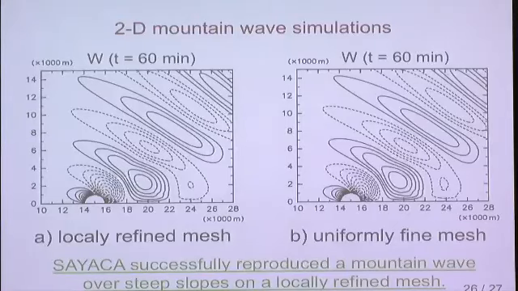This is the flow result on the locally defined mesh. I also compared the results to the uniformly defined mesh throughout the domain as a proxy of the exact solution. As you can see, the model successfully reproduced a smooth and accurate mountain wave comparable to the uniform fine-grid computation.